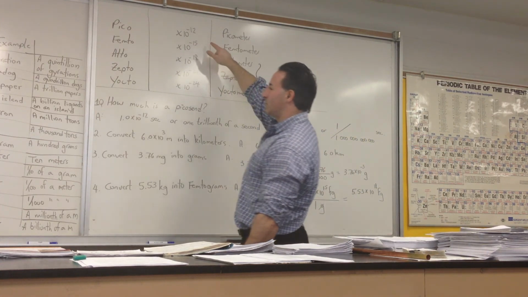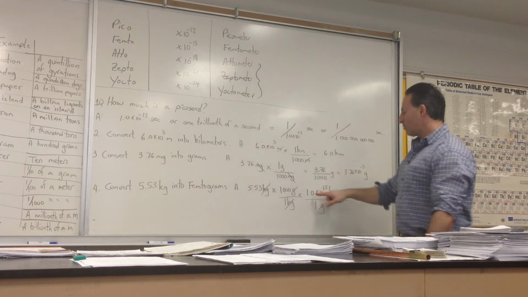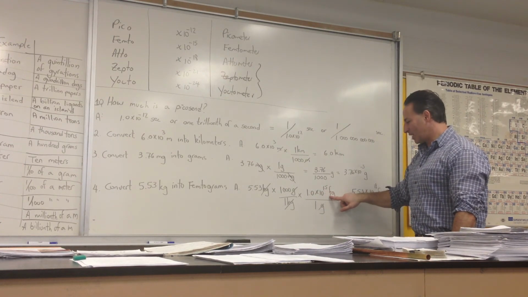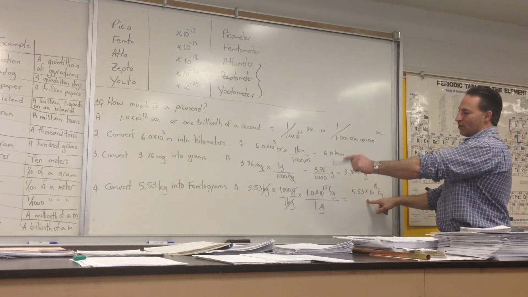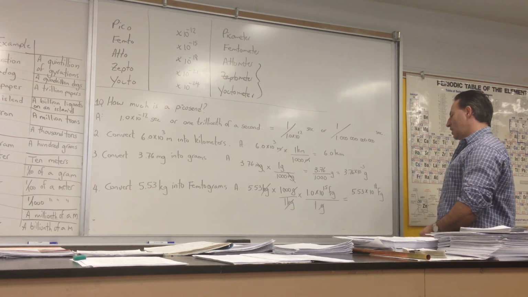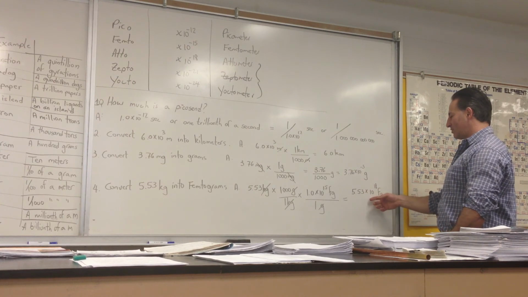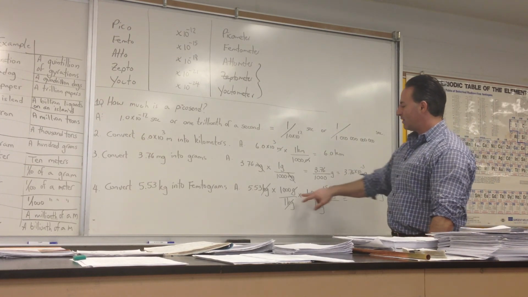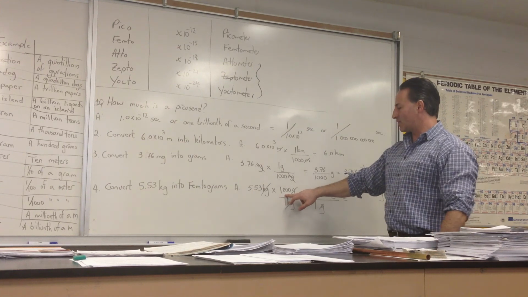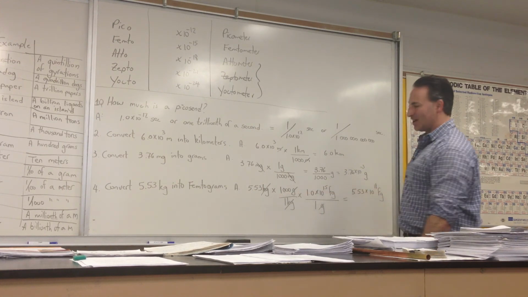Now, if you flip it over, it goes 10 to the positive 15. There are 1.0 times 10 to the 15 femtograms in 1 gram. So now with these two steps, you have converted 5.53 kilograms into femtograms. It's 5.53 times 10 to the 18. How do you get 10 to the 18? It's 10 to the 15 times 10 to the 3, so that you get a total of 10 to the 18.